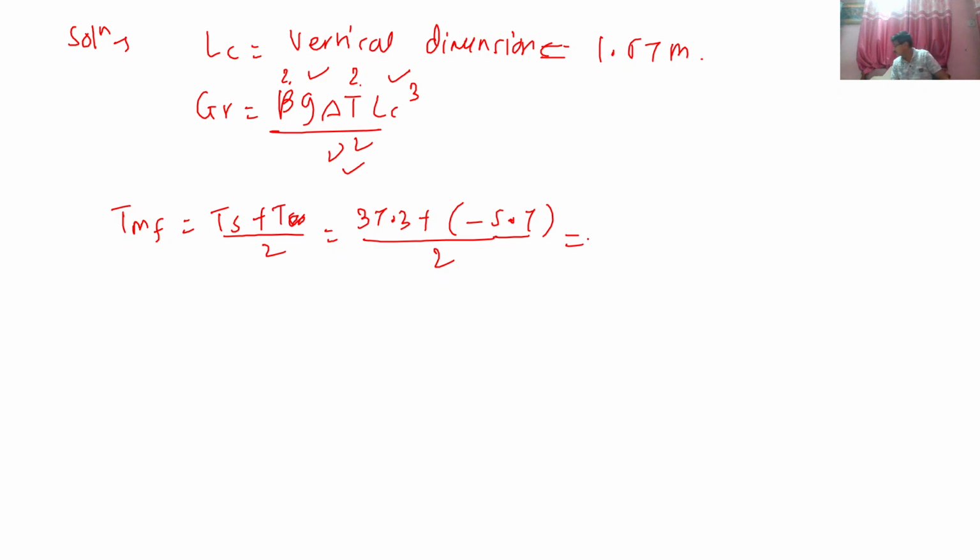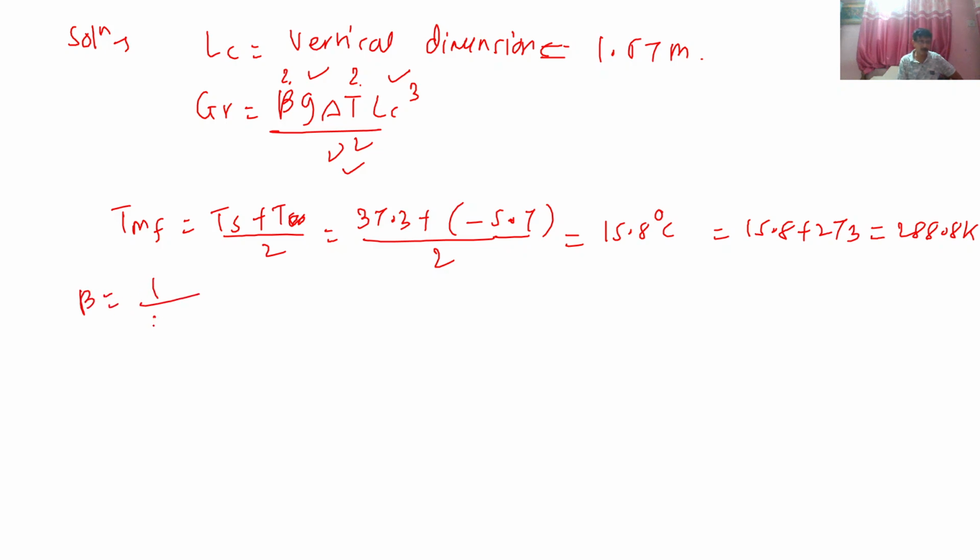If I will calculate it, just a minute, नैनीताल का प्रॉब्लम है ना, so it comes around 15.8 degree Celsius. 15.8 degree Celsius, but I require in Kelvin, so 15.8 plus 273, that comes around 288.8 Kelvin. Okay, because I require TMF, mean film temperature in Kelvin, to calculate beta.